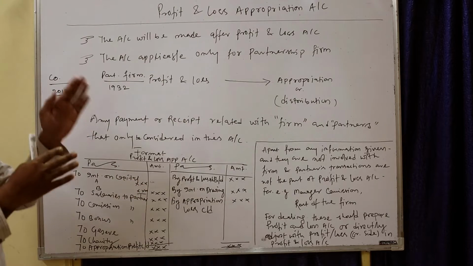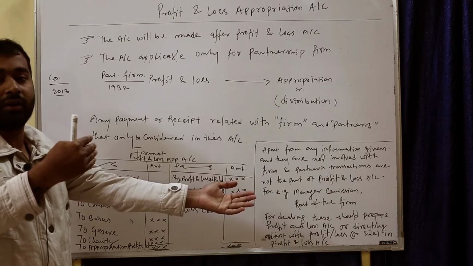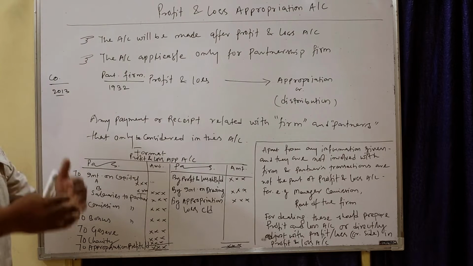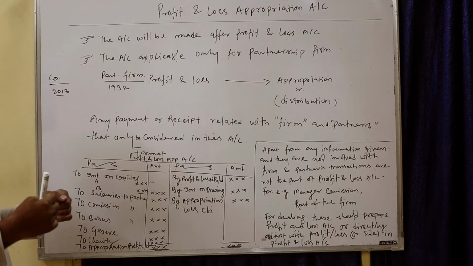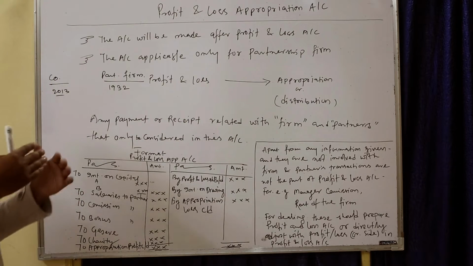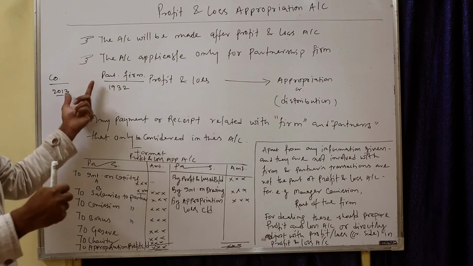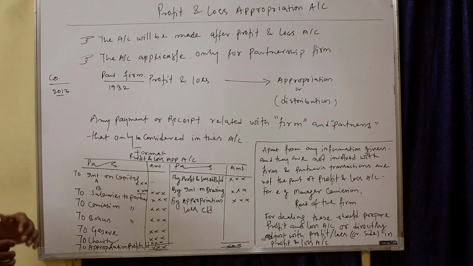Apart from this, the partners can get salary because they work, and interest on capital because they contributed capital to the firm. There are many other transactions related to the firm and the partners, so that's why we make the appropriation account to deal with all those transactions.